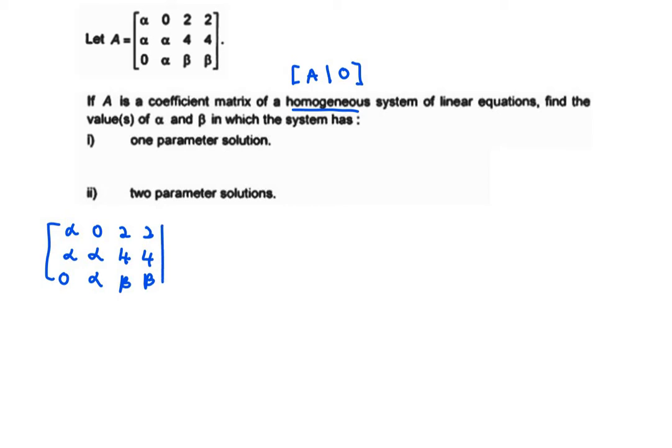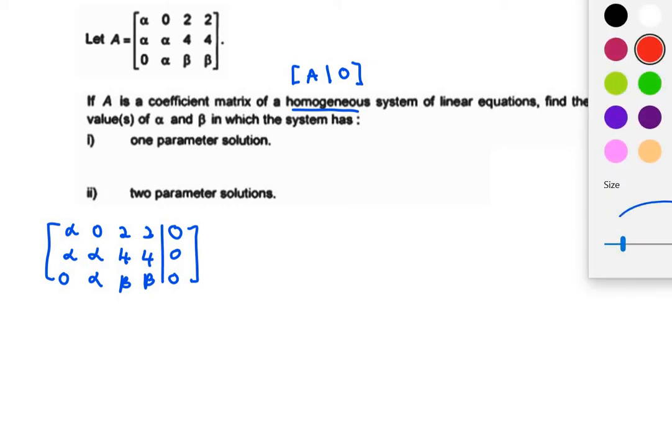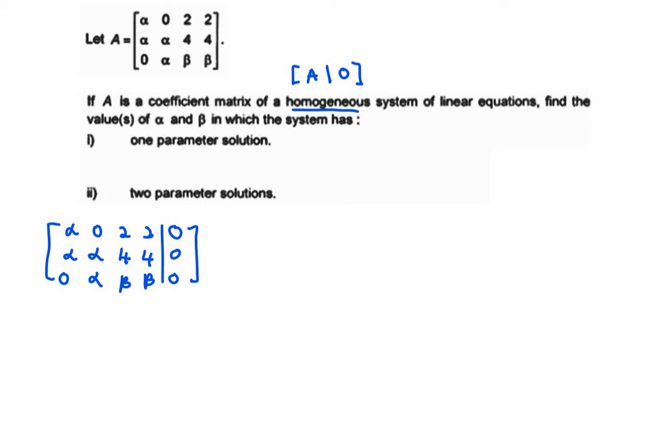We know that this is a homogeneous system, where the last column you can ignore because it is always 0. So how do we know that our system is simplified? You need to make sure that these three entries are 0. That is our main concern here. So we use elementary row operations.